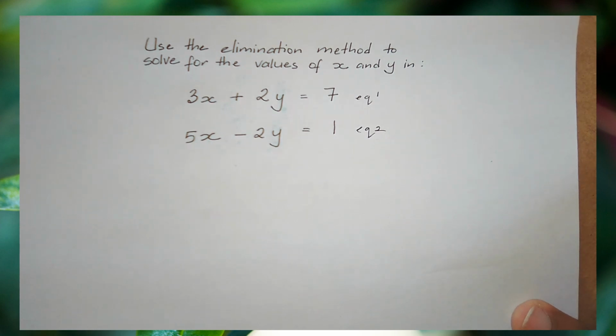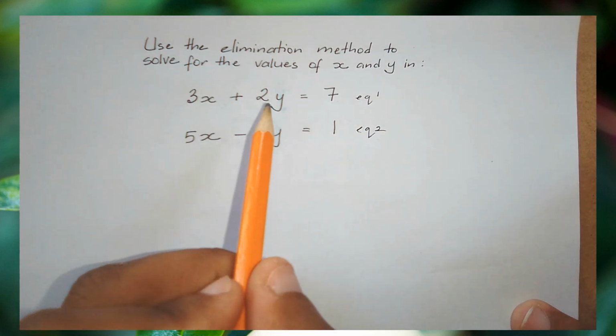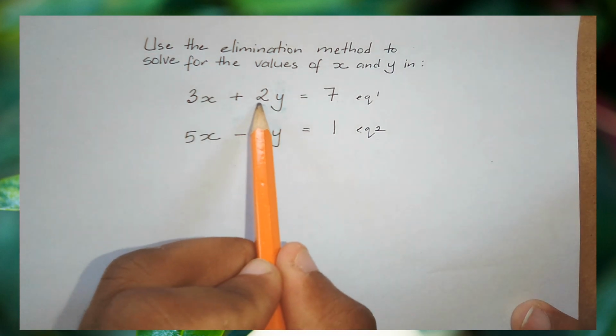There's a rule that says if the signs on the coefficients are the same, then we need to subtract. And if the signs on the coefficients are different, then we need to just simply add. So this is what I mean. See that it has this 2 here.